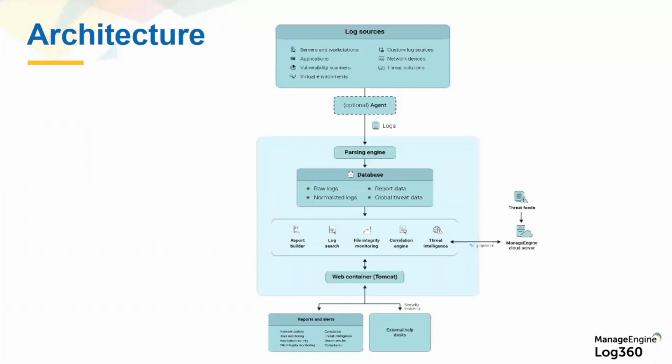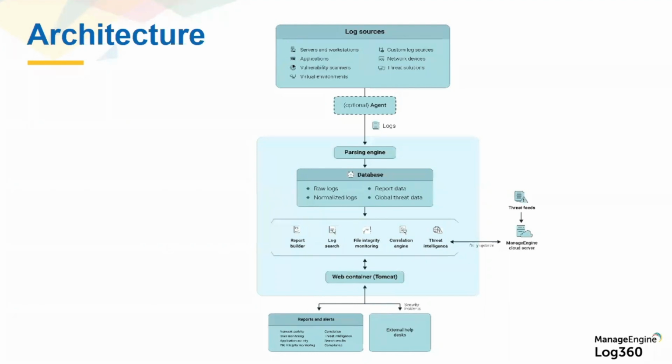So the information will be sent to the log processing engine. That is where you can see the report builder, log search, file integrity monitoring, correlation engine, and the threat intelligence. So this is nothing but the log processing engine. Once the log is processed here, it is sent to the user interface of the product, that is, we have the reports in the report section, and then we have alerts.